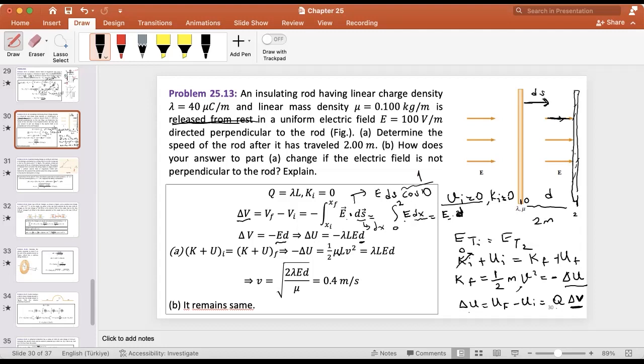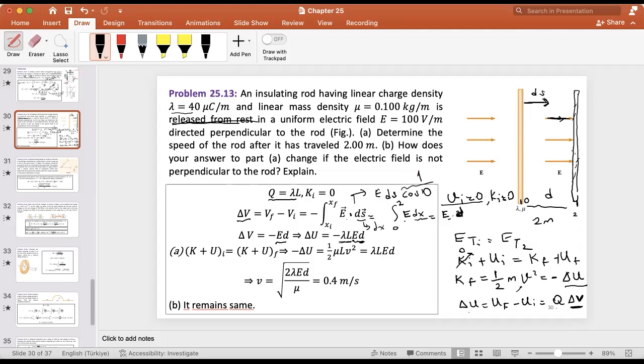And what is the potential energy? This is delta V, you need to multiply by charge. What's the Q? It gives lambda information. Perfect. And now I have to use that information. Okay, Q is equal to the linear charge density, lambda, multiplied by L, the length of the rod.